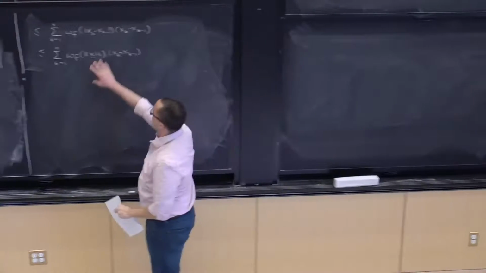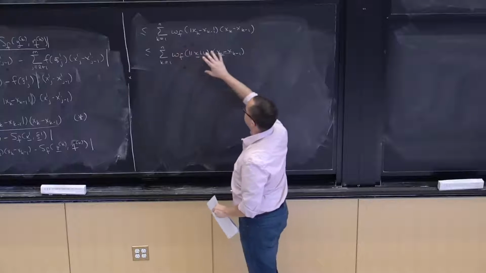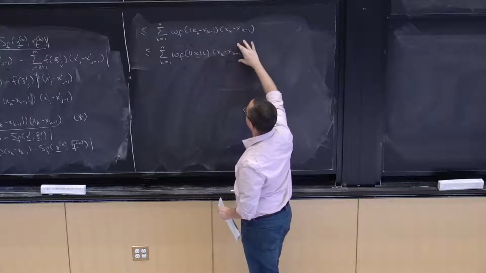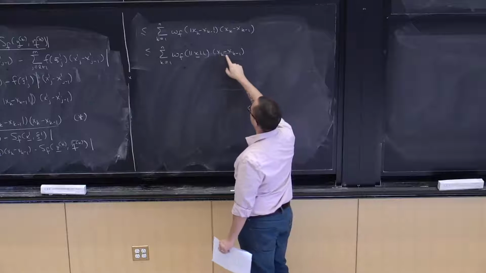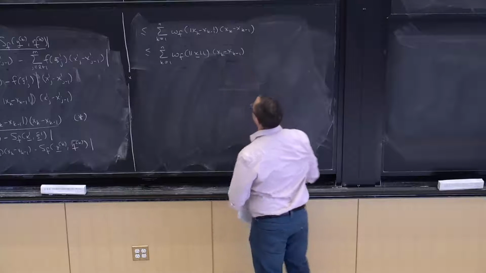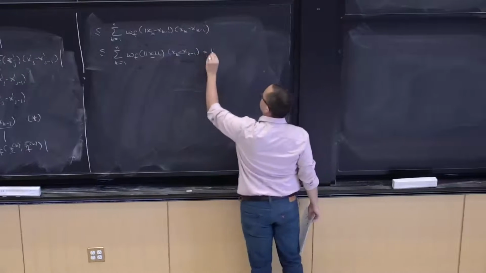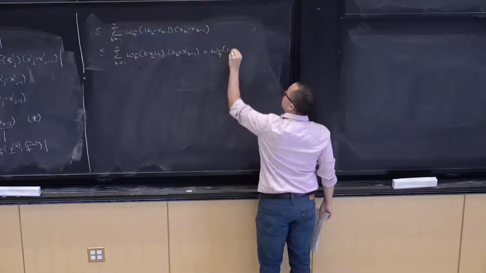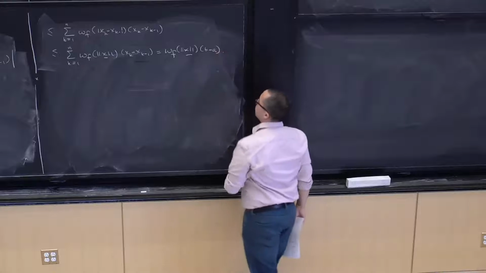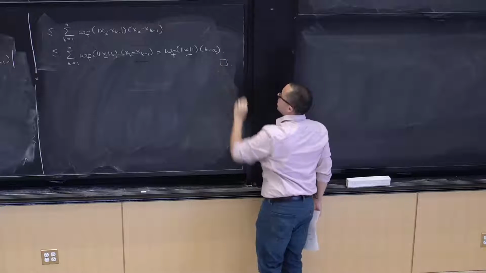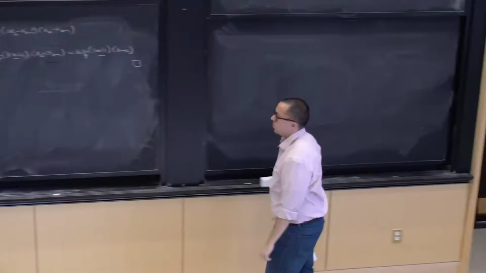Now this doesn't depend on k, so I just pick up the sum from k equals 1 to n of this, which is a telescoping sum. All I pick up is x_n minus x_0, which is just b minus a. Which is the estimate we wanted to prove.